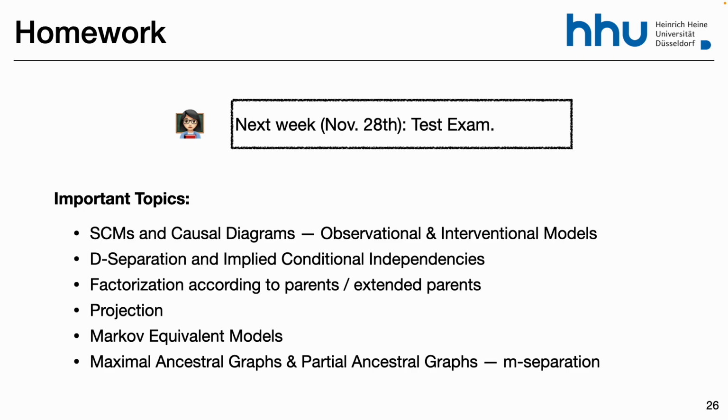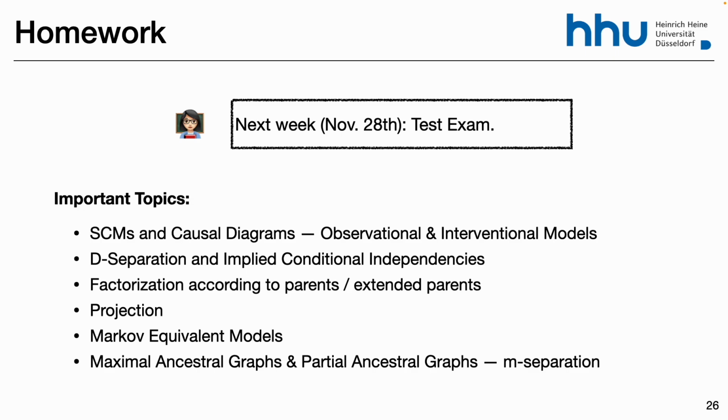Several of them I considered kind of easy, and I didn't cover them here, but you can go back to the lectures and see them, like structural causal models in the observational case and interventional case, and factorization according to the extended parents. Projection is something that maybe helps. For example, in all these examples that I explained to you, maybe you could consider removing the variable V4.